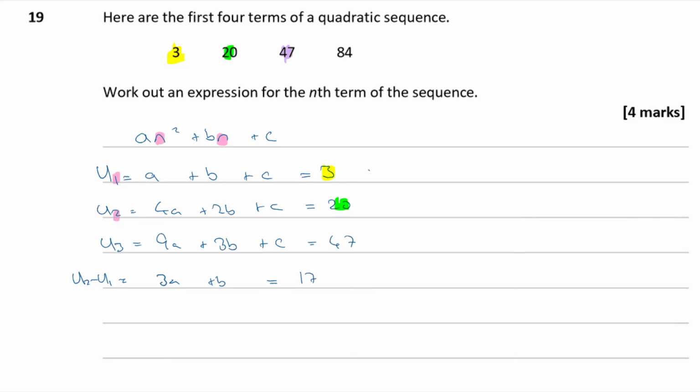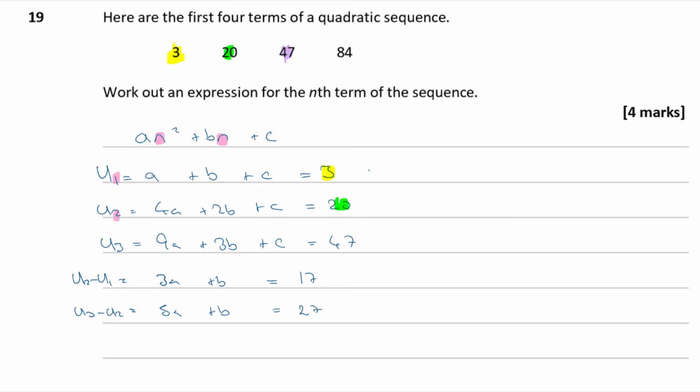Then finding u3 minus u2, the third equation minus the second equation, that's going to give me 9a take away 4a is 5a, 3b take away 2b is b, and c take away c is 0, and then 47 take away 20 is 27.